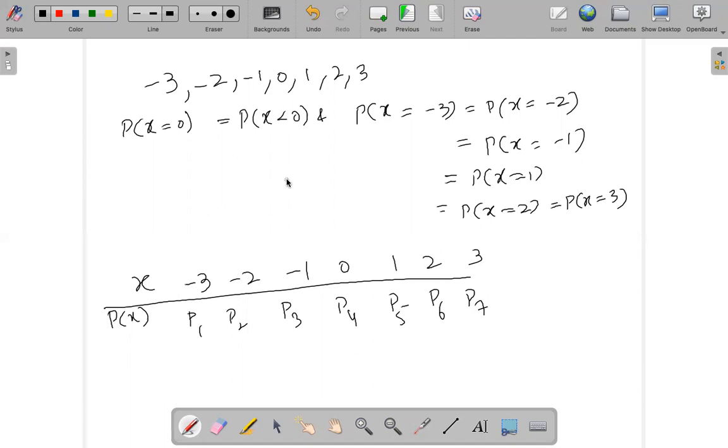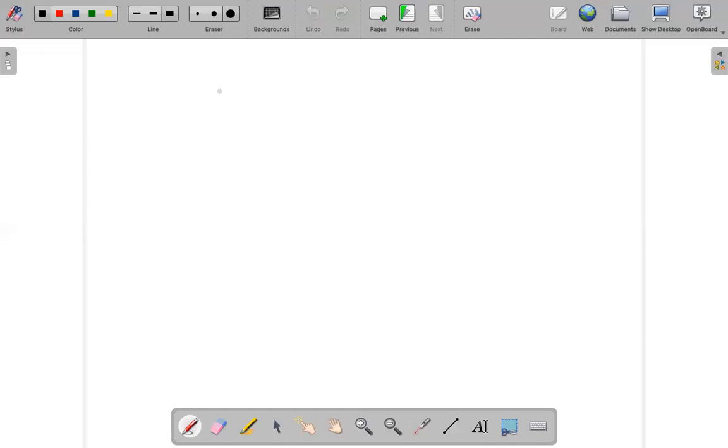Now let us consider the first one. We know that P of x equal to 0 is equal to P of x less than 0.